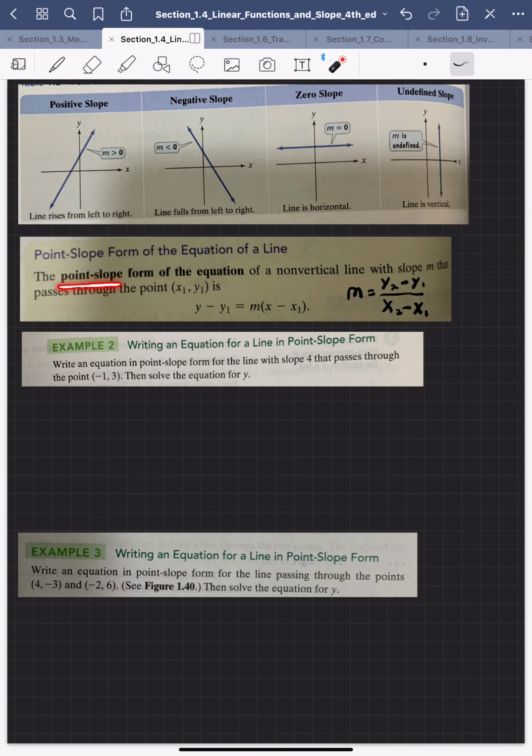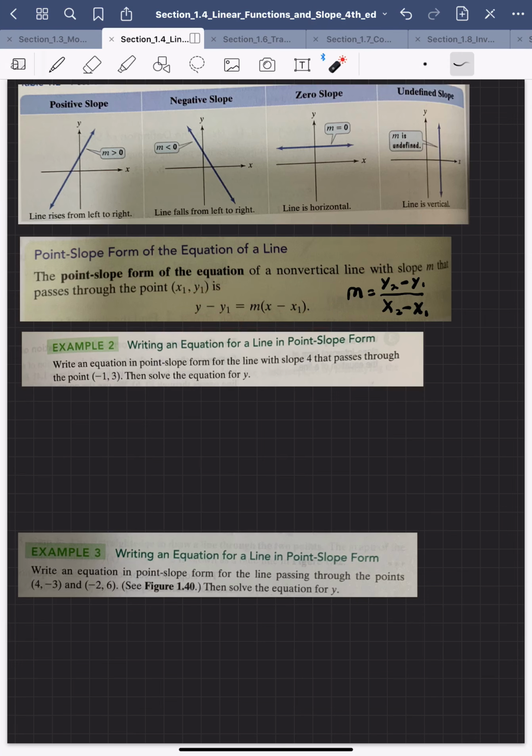A point slope equation is an equation you would use if you have a point and a slope. That's simple. If you have both of these pieces, 1 point, 1 slope, then you can plug right into this equation. Now, I'm going to start this process, and then I'll tell you where we go from here.